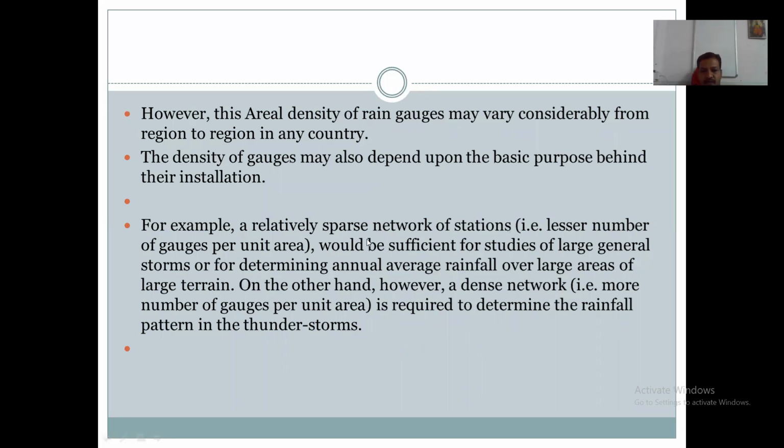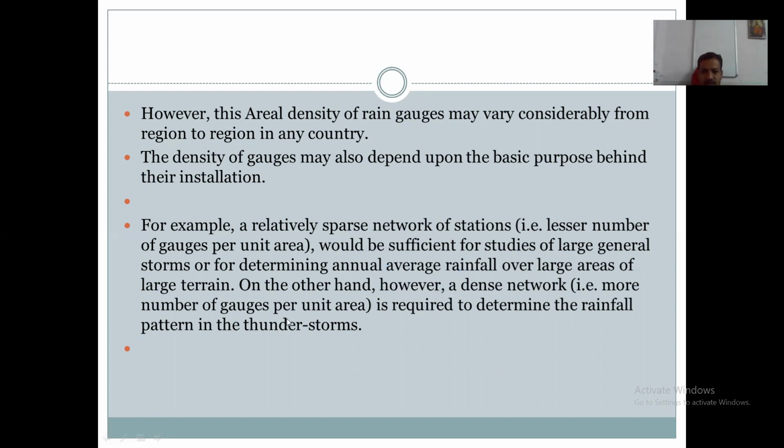Therefore, for a sparse network of stations, there will be fewer rain gauges per unit area. That will be sufficient for the study of large general storms or for determining the annual average rainfall over large areas of large terrain. In that case, a sparse network of stations is used.